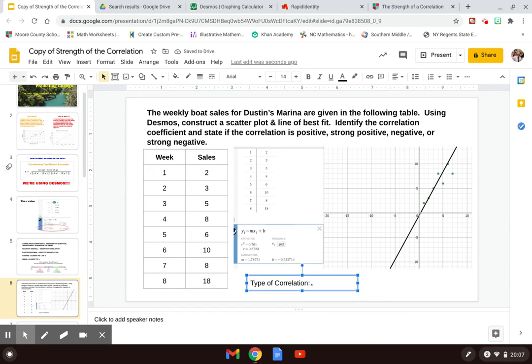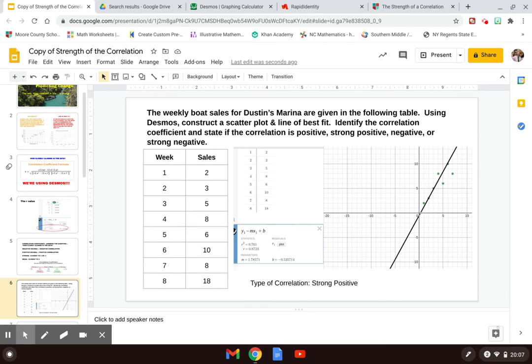And then for type of correlation, I'm just going to type right down here. Strong positive. All right. So that's for the first one.